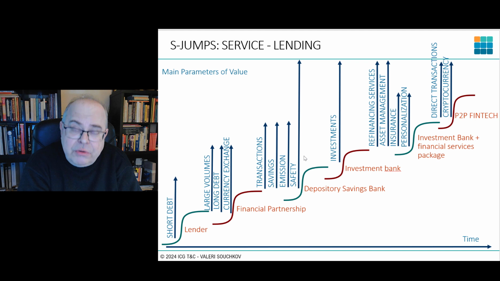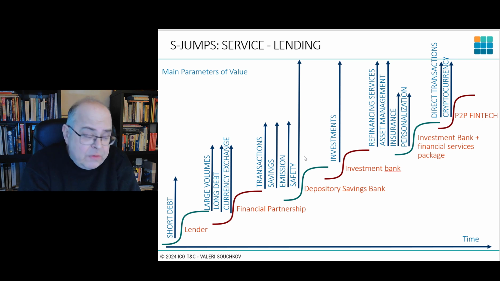Recently a new type of bank emerged which provides financial services, a package of finances for a company or a business person, like insurance, asset management, refinancing services, personalization, and that's all. So when I come to my bank, they say, don't care about the money. We take all your financial deals with us.